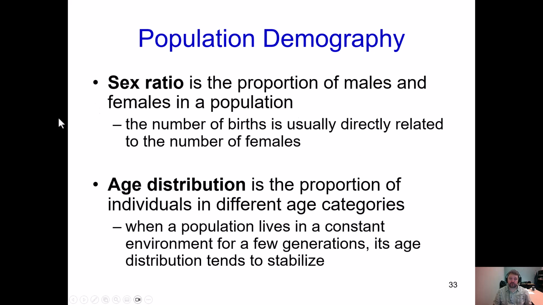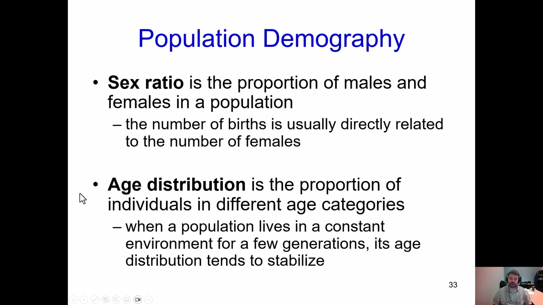So normally though, when we're talking about birth rates, it's based on a more chromosomal, not temperature-based sex ratio, and it's just the number of females that are born compared to the number of males that are born. Age distribution, we already talked about this. Okay, so how many organisms at different ages in the environment, if we're able to age the organism.